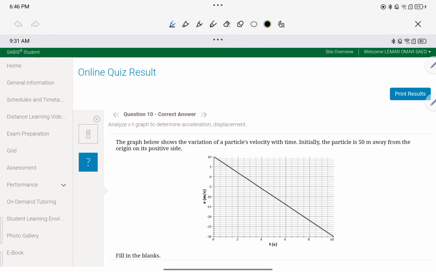Now, first thing, A, we have to find acceleration. Acceleration is y2 minus y1 over x2 minus x1.